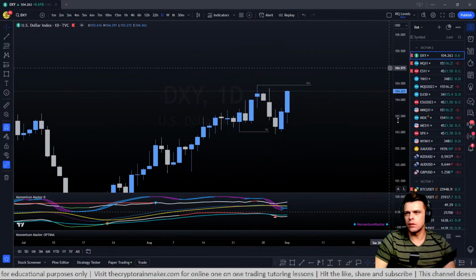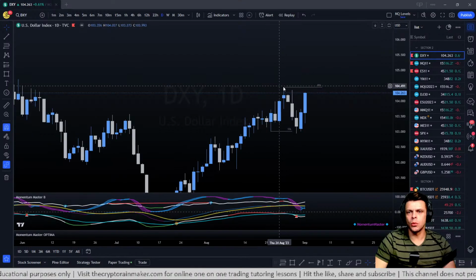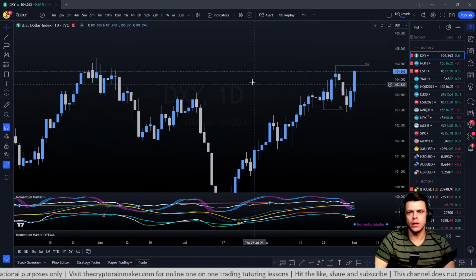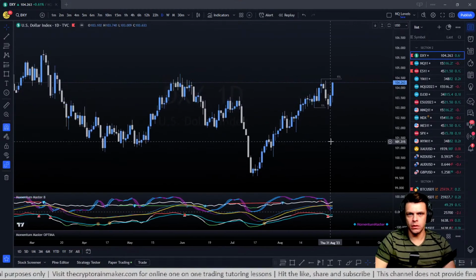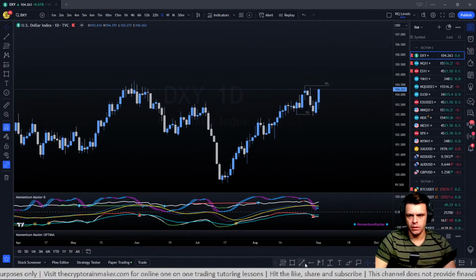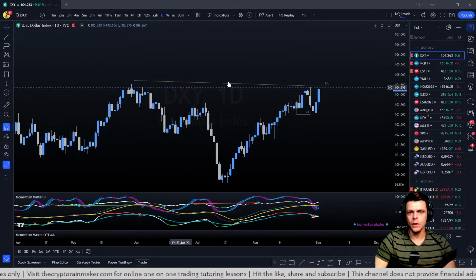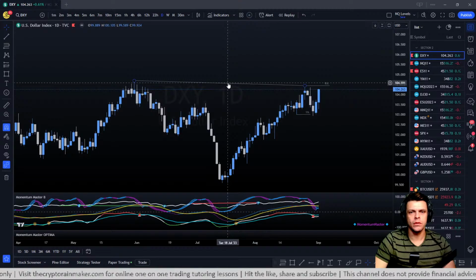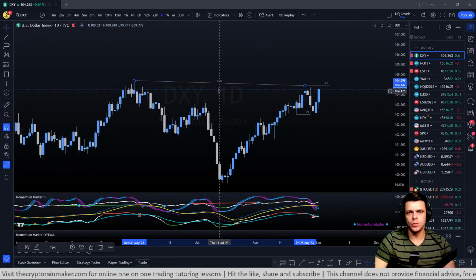So just looking at the daily chart, it looks like the draw on liquidity for the dollar is to the upside. If we zoom out a little bit and get a trend line, we have these relative equal highs. So this will be seen as support.